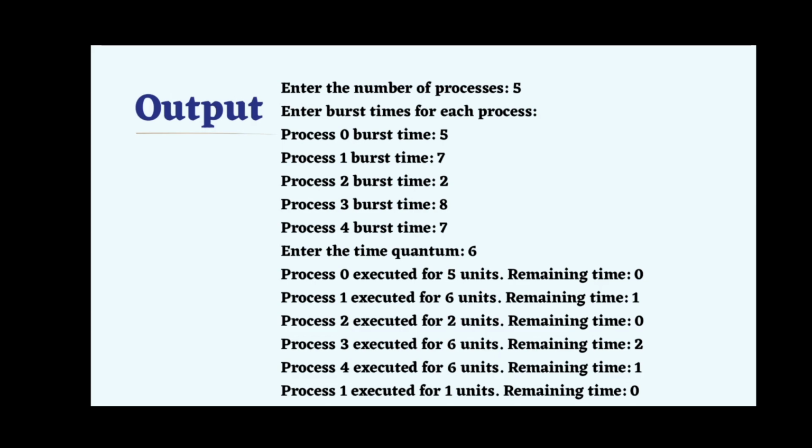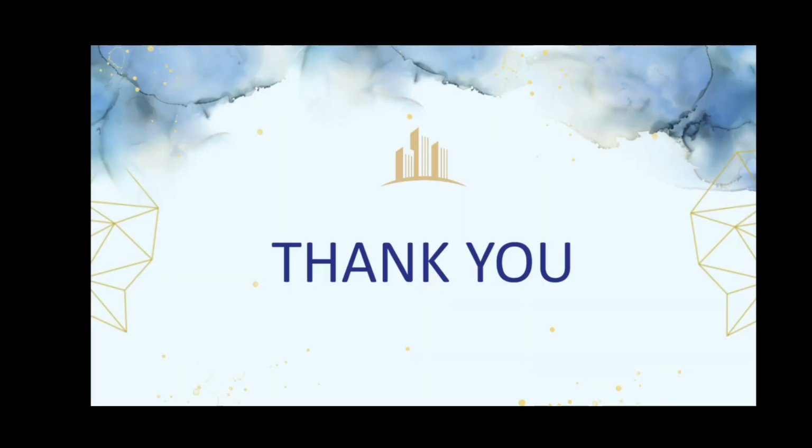Process 2 executed for 2 units, remaining time 0. Process 3 executed for 6 units and remaining time 2. Process 4 executed for 6 units, remaining time 1. Now process 1 executed for 1 unit, remaining time 0. That's all. These are the explanations about round robin scheduling.